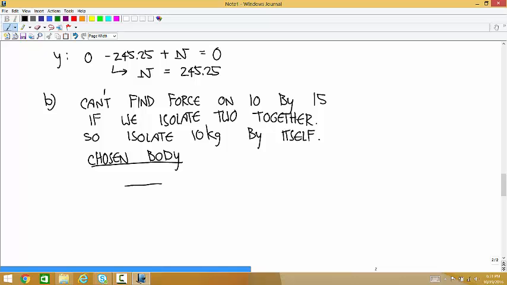Okay, so the chosen body is the 10 kilogram cart. The forces acting on that: there's a weight force. This time we're only looking at the 10 kilograms, so that weight is 10 times 9.81, 98.1.